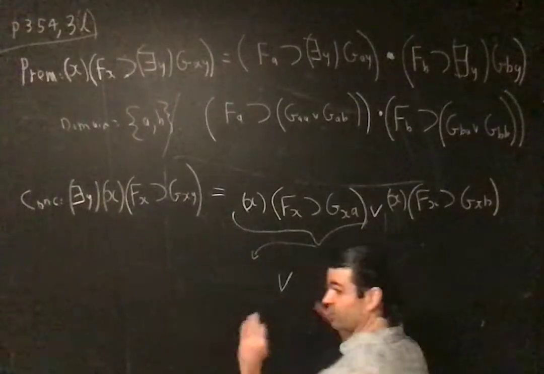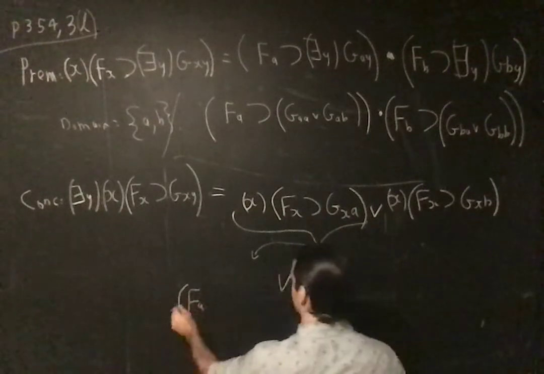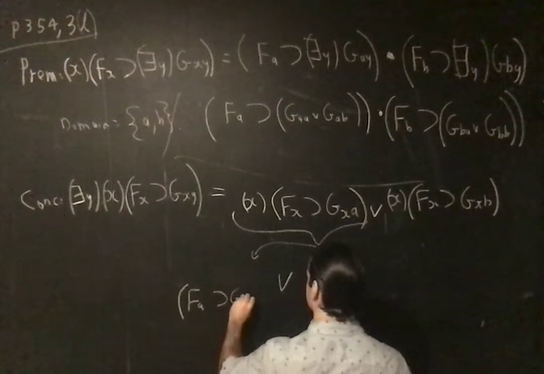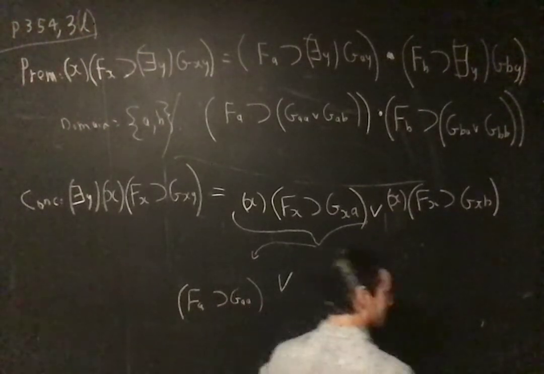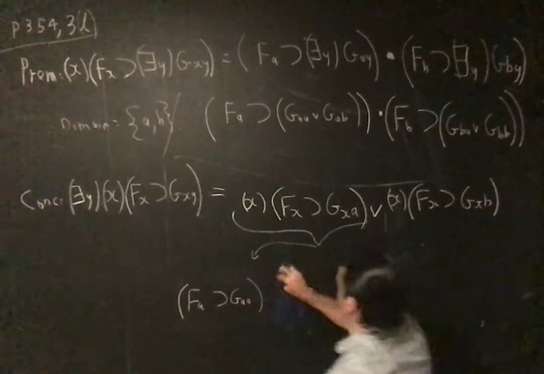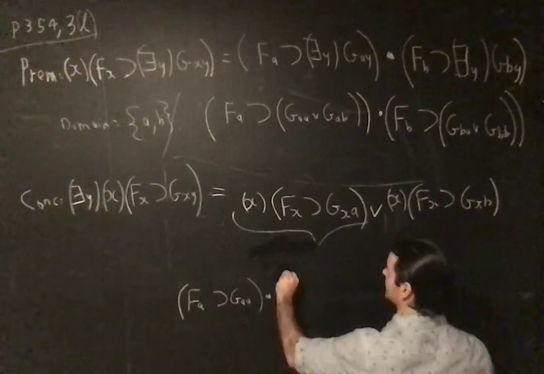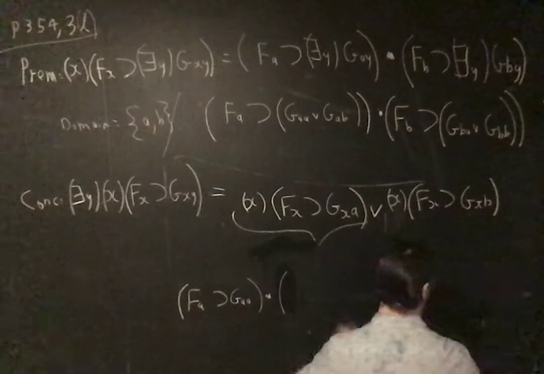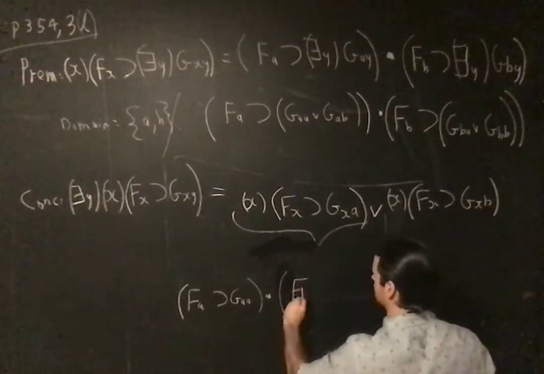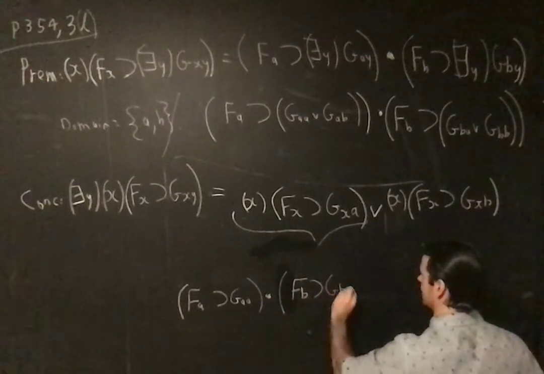So universals go to conjunctions, so it's true of A, that if A is an F, then A G's itself, and it's true of B, if FB, then G, B, A, right?